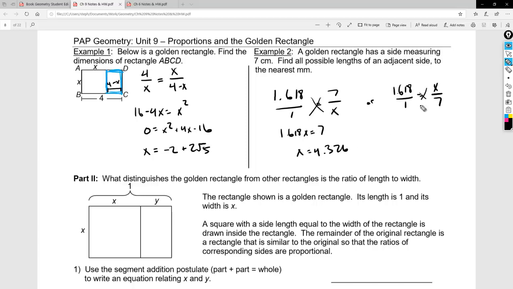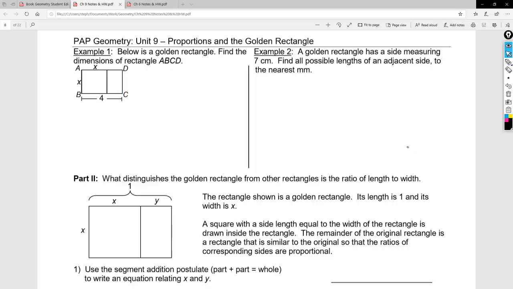Or if I solve here, I end up getting that x is 7 times 1.618. So together that would be 11.326.